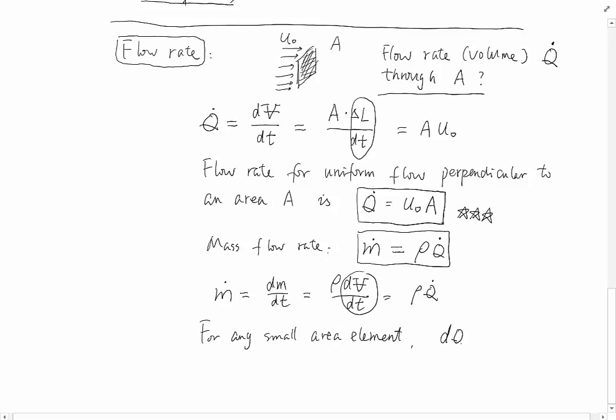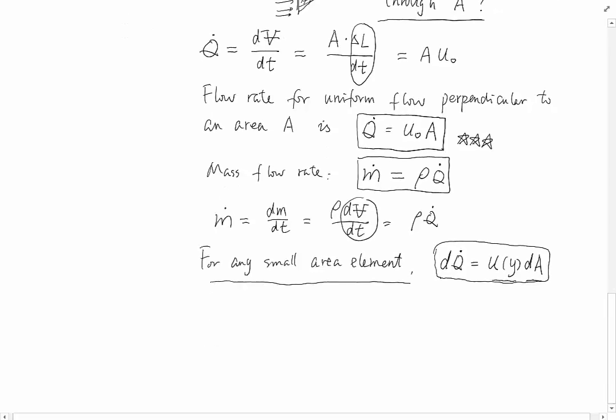Therefore, the dq element will be the velocity, which can be a function of location, times the area, but it's still going to be relatively uniform for this very small area dA. So for a small area element, our dq is going to satisfy the same equation we just derived before. So this actually is more important than the one we just wrote.